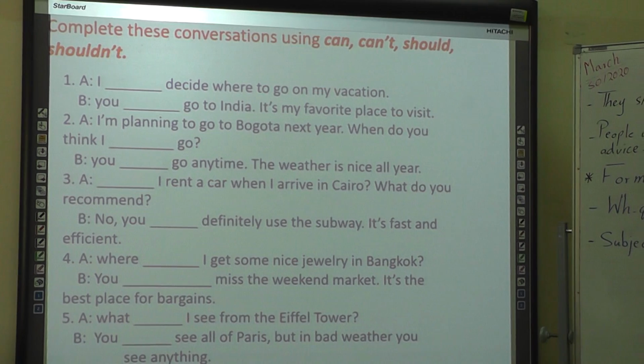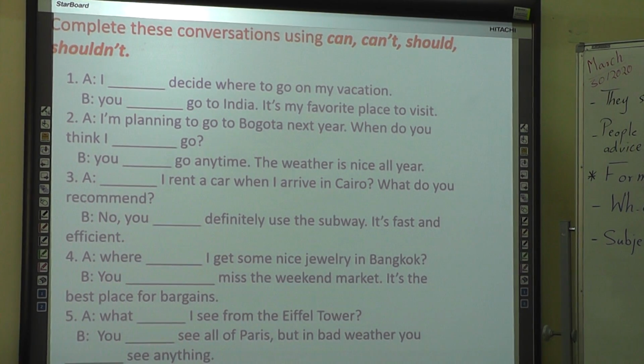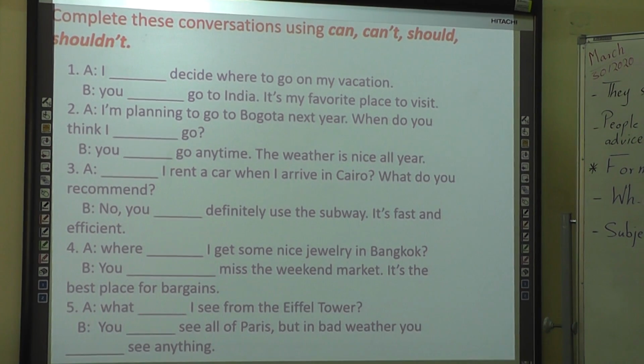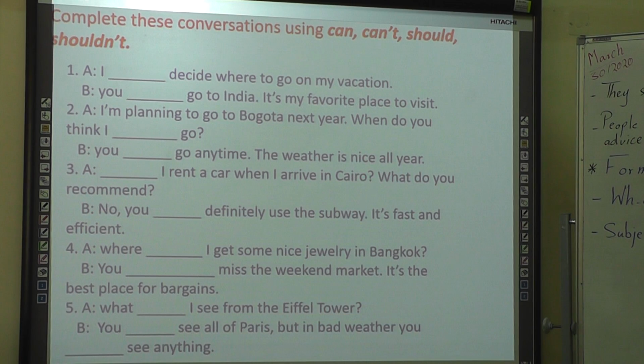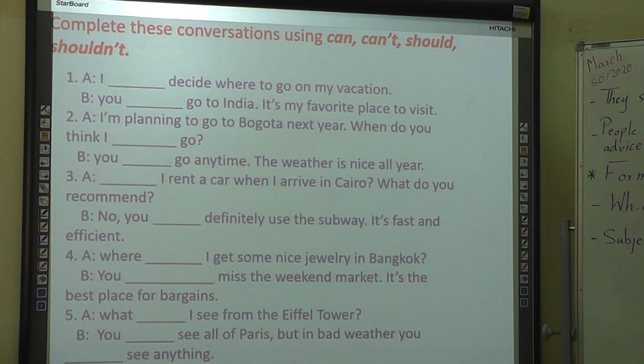You blank go to India. It's my favorite place to visit. The second one, I'm planning to go to Bogota next year. When do you think I blank go? You blank go anytime. The weather is nice all year.